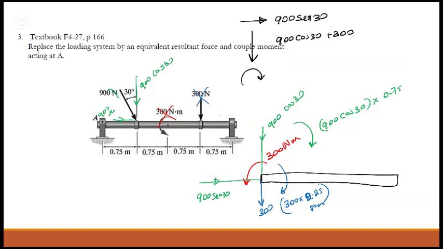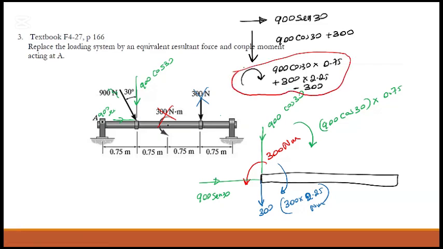Moments, you have 900 plus 30 times 0.75 plus 300 times 2.25 minus 300. So these are the moments.